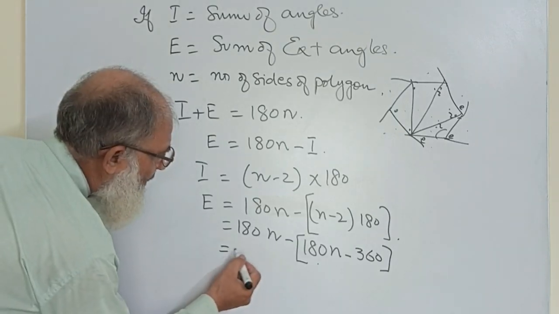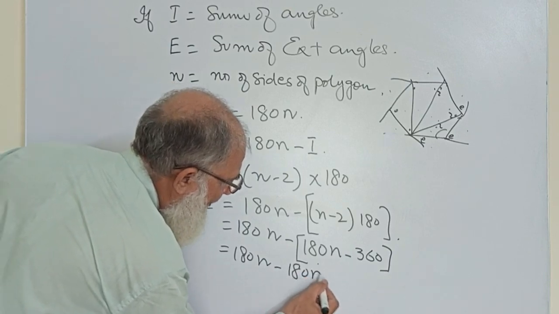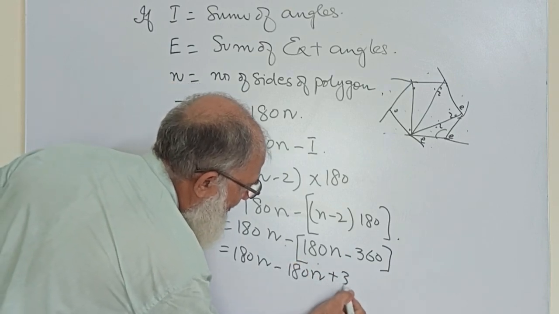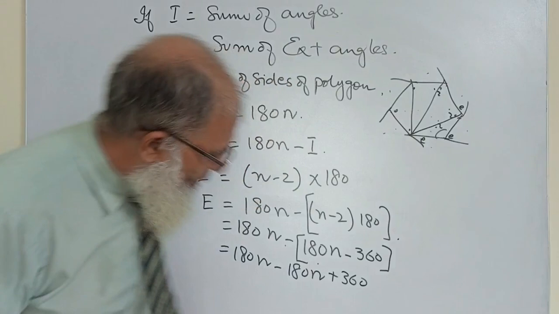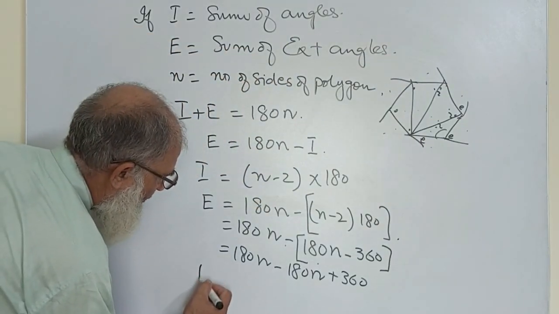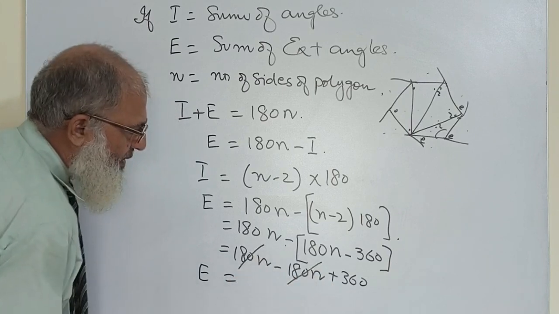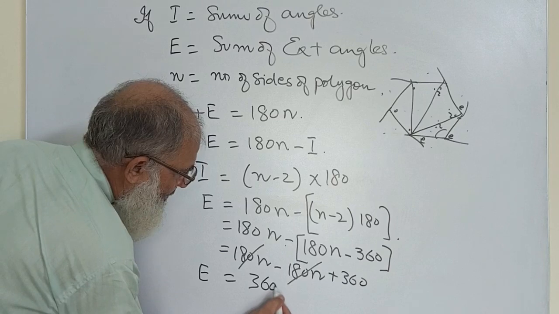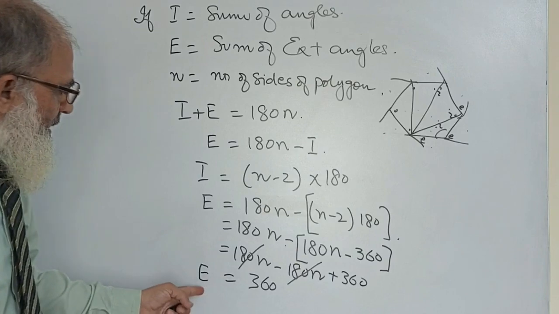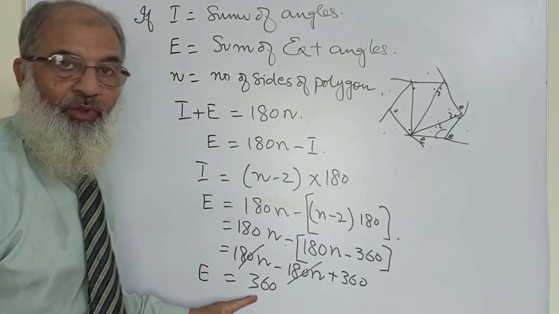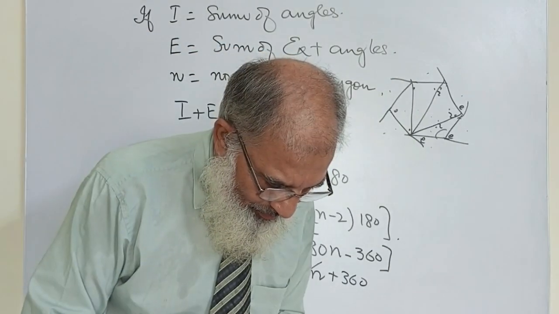So we get 180 n minus 180 n, and minus minus plus 360. Now this whole thing will be cancelled and E is equal to 360. So that means the sum of exterior angles E is equal to 360 degrees.